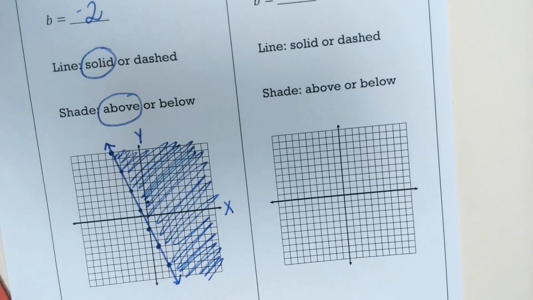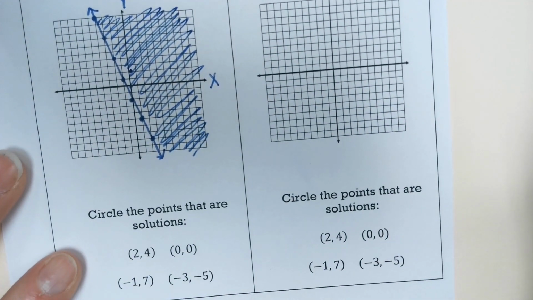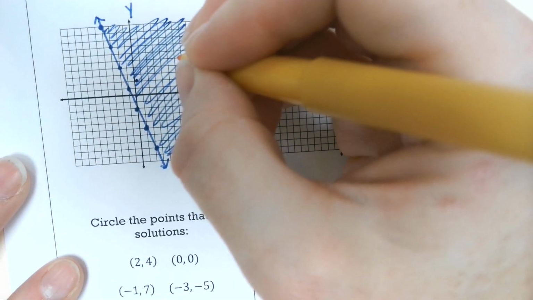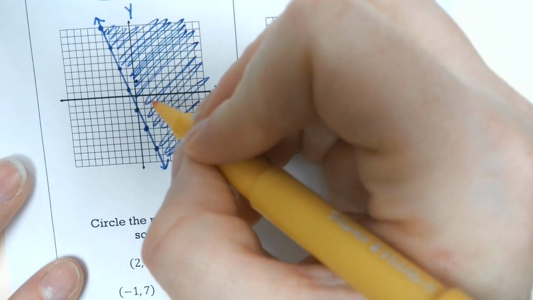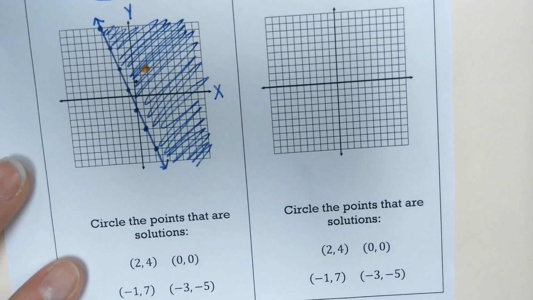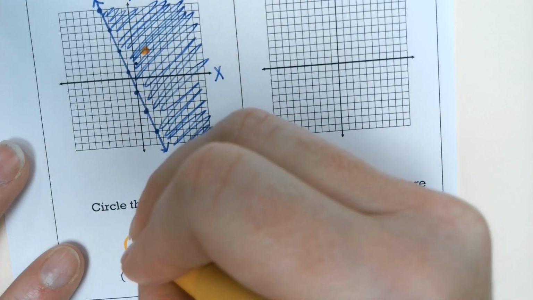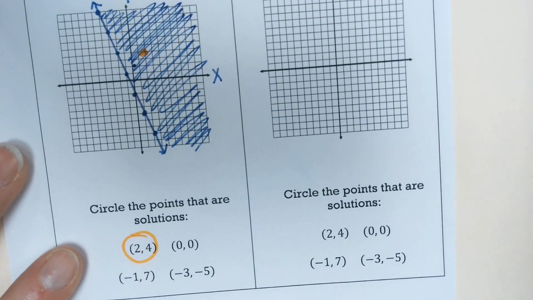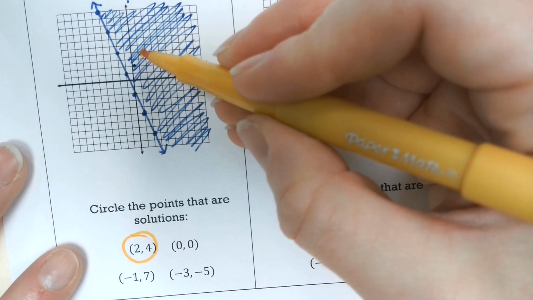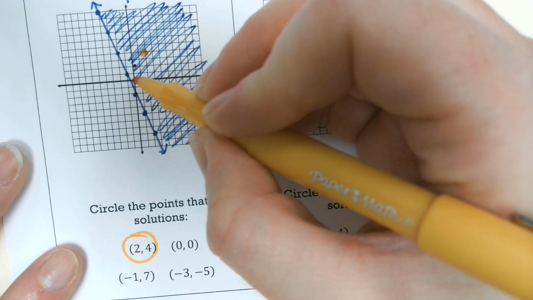All right, let's plot the points and see which ones are solutions. These are actually the same as yesterday. Remember that? 2, 4. Is that part of the solution? 2, 4? Yes. 0, 0.